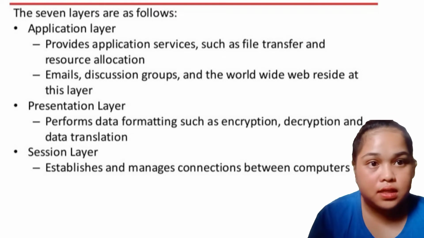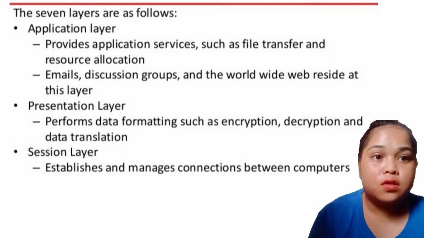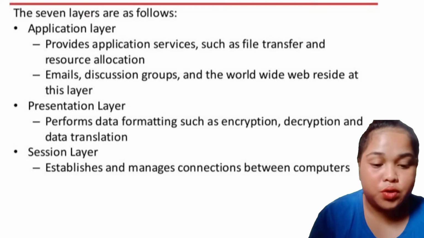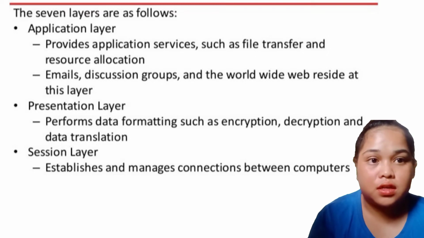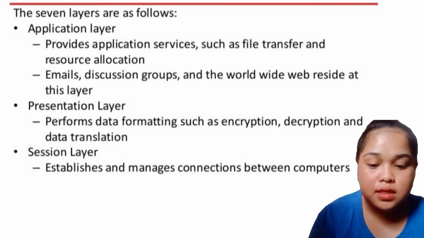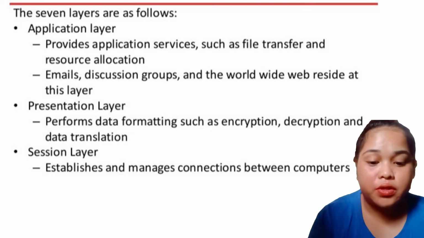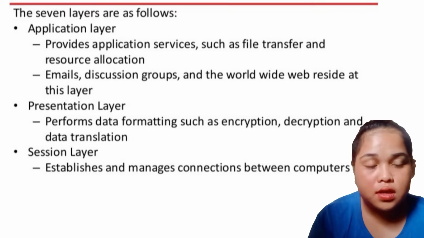The second is the presentation layer, which performs data formatting such as encryption, decryption, and data translation. The third is the session layer, which establishes and manages connections between computers.